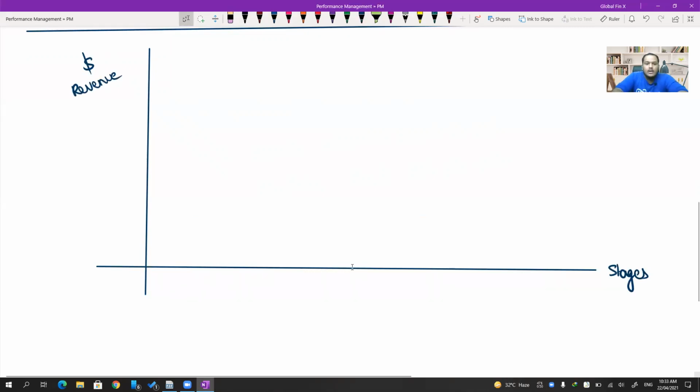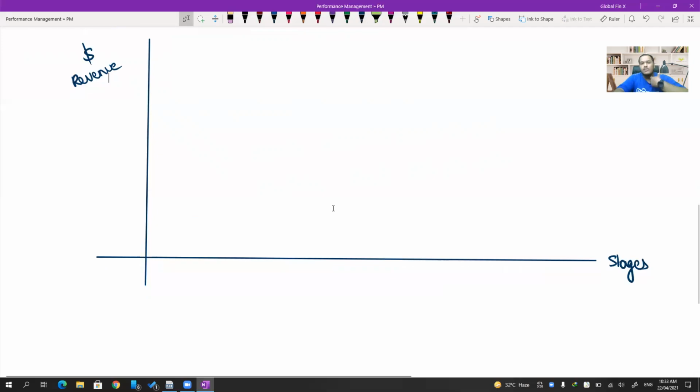Okay. So first of all, there is a research and development phase, which is before the product originates, before the production starts. So your product life always starts at a research and development phase, which is a phase where you have negative profits. You spend a lot of amount, but you don't get any returns.